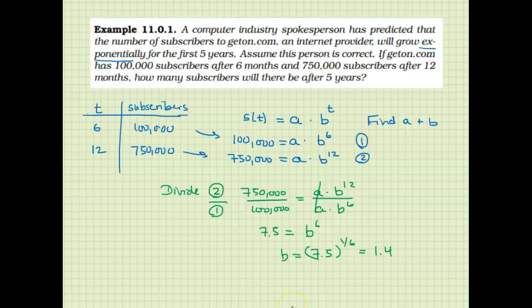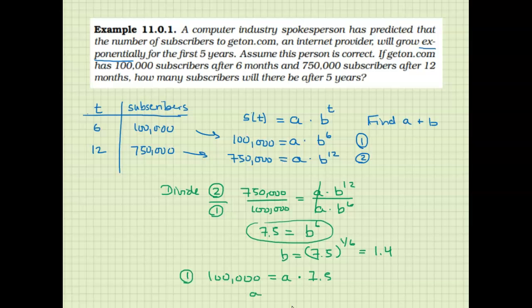Now we can figure out a. We can go to any of these equations, so let's go back to equation 1. We have 100,000 equals a times b to the 6, 1.4 to the 6, but we know b to the 6 was 7.5, so we just plug that in.